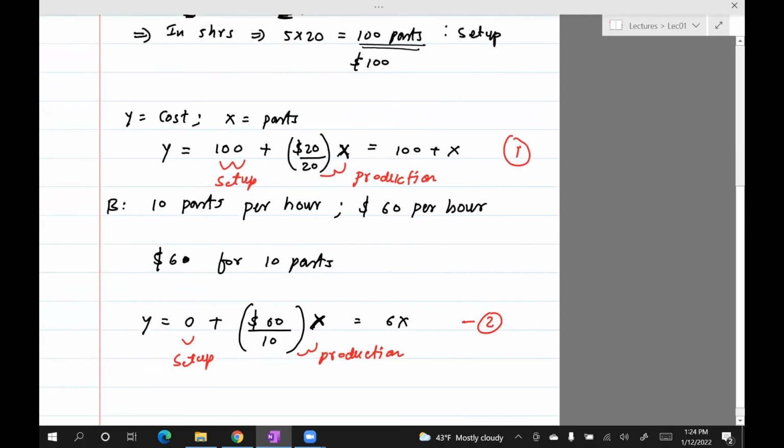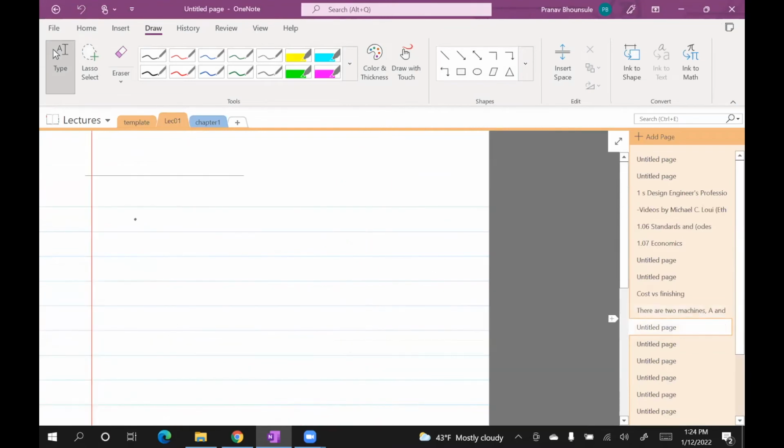So let's write equations 1 and 2, and if you want to find the break-even point, you basically have to equate the two, because the break-even point is the point at which the costs are equal. So we have y equals 100 plus x and y equals 6x.